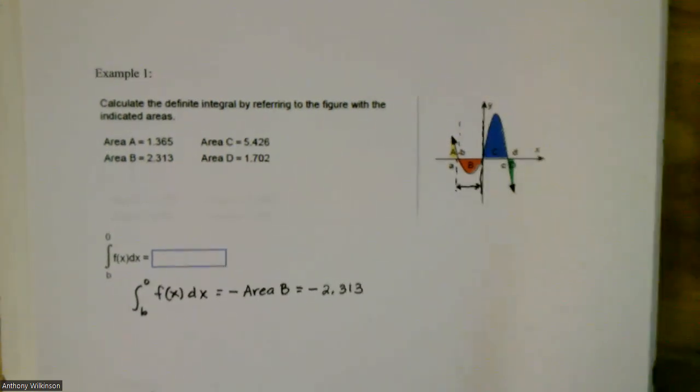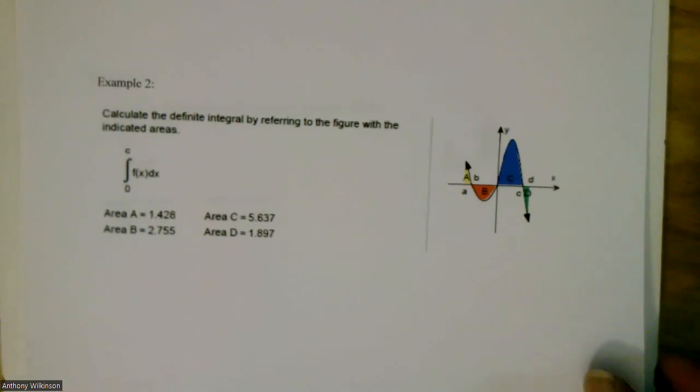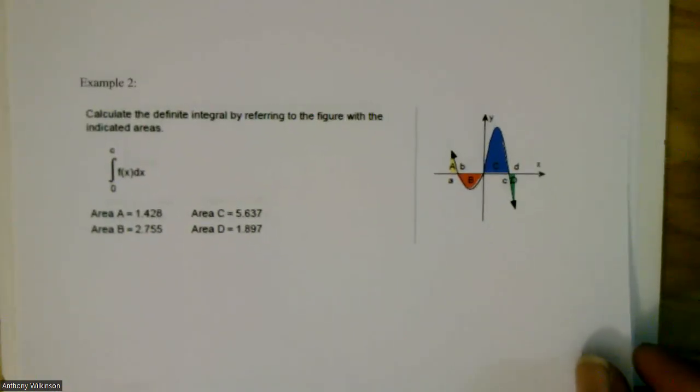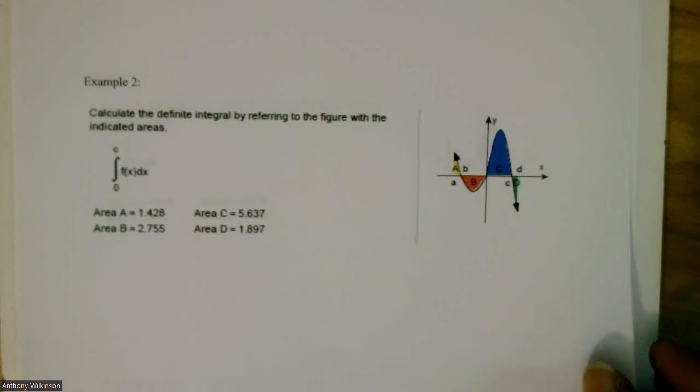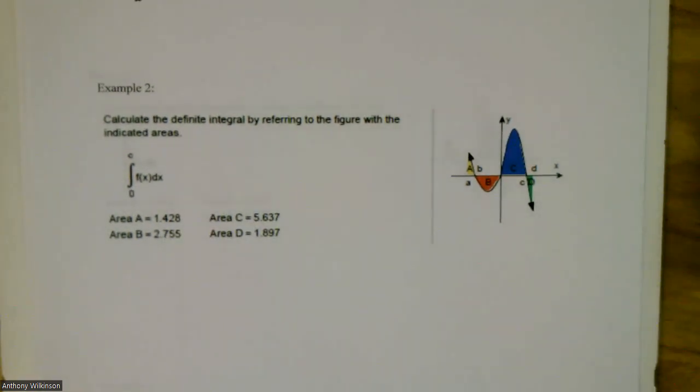All right, example 2. Let's say I want to calculate the definite integral by referring to the figure with the indicated areas here. So here we're dealing with the integral from 0 to c of f of x dx.